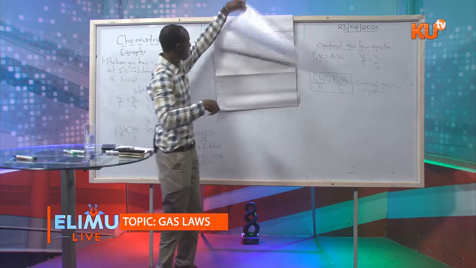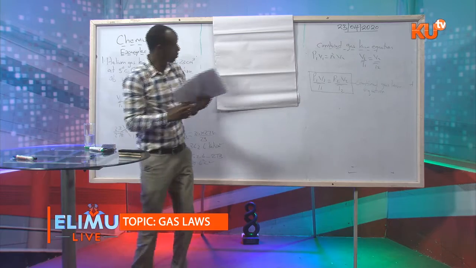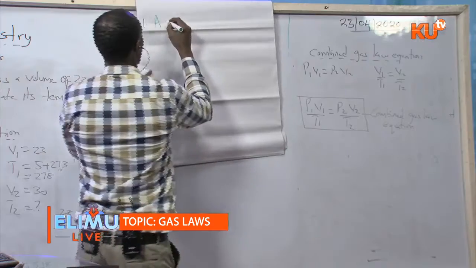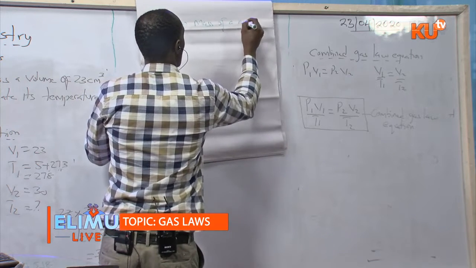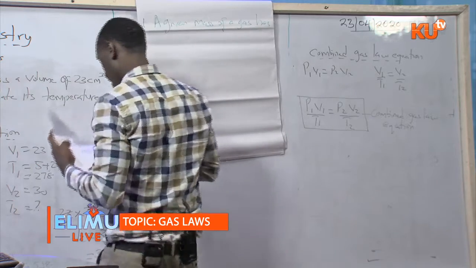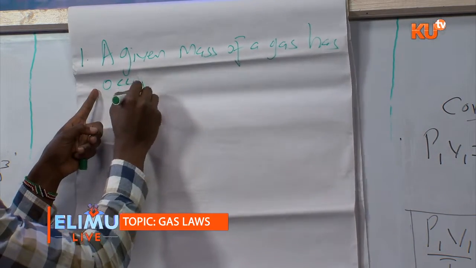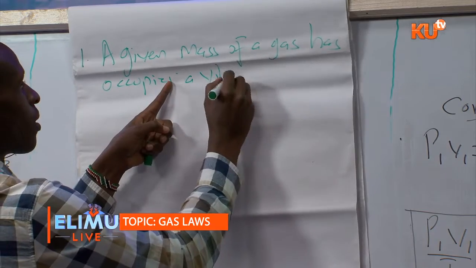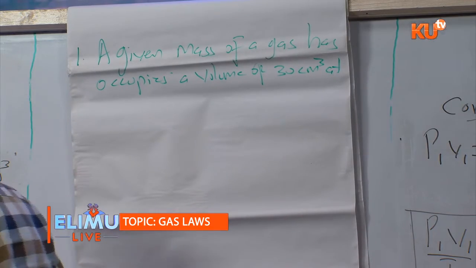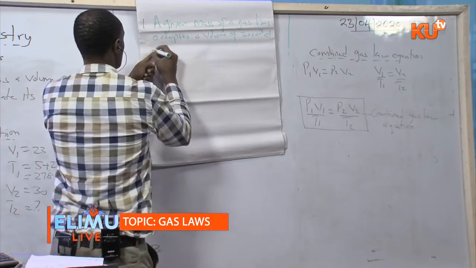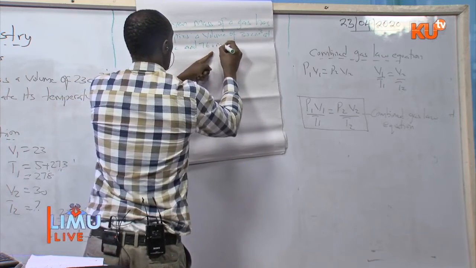So the first example. A given mass of a gas occupies a volume of 30 centimeter cubed at negative 15 degrees Celsius and 760 mmHg.